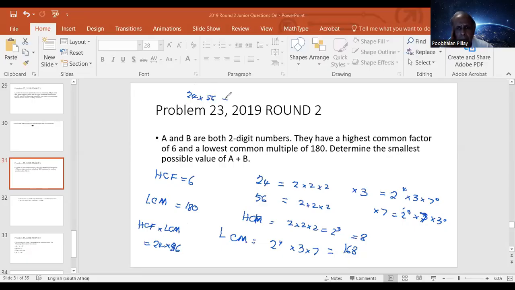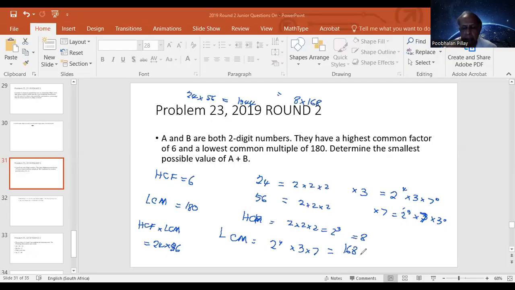And if you work this out, you get 1344. And if you multiply 8 times 168, you get the same thing.